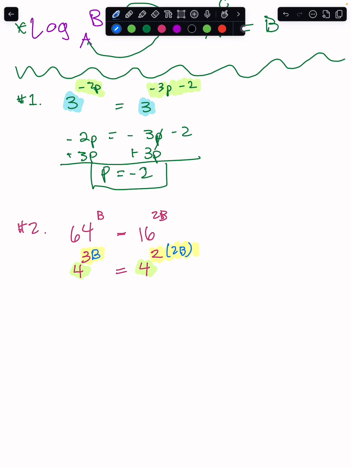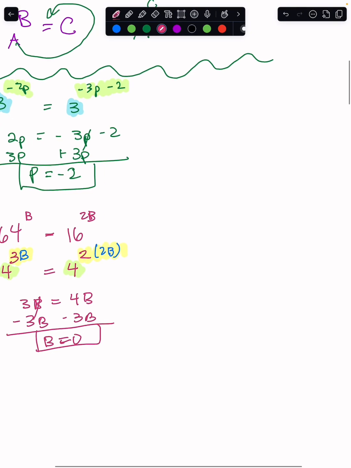That's going to be 3b equal to 2 times 2b, which is 4b. I'm going to subtract 3b from both sides. 4b minus 3b is just b equals 0. Yes, sometimes your answer will equal 0. Okay, so that's that one.